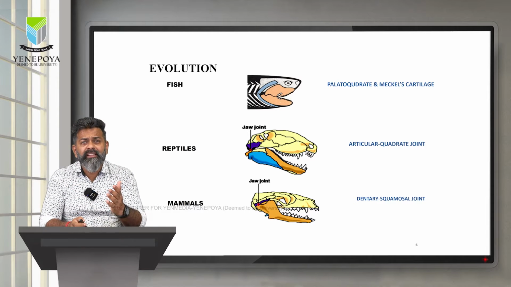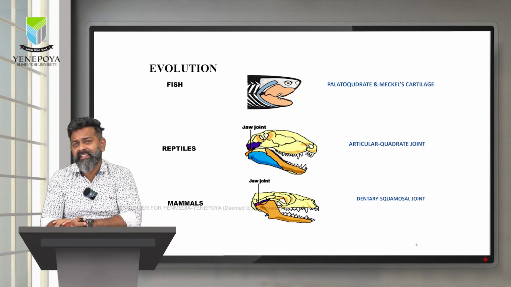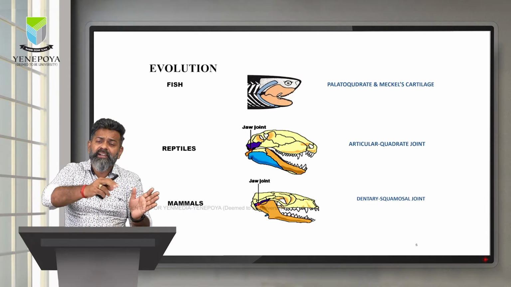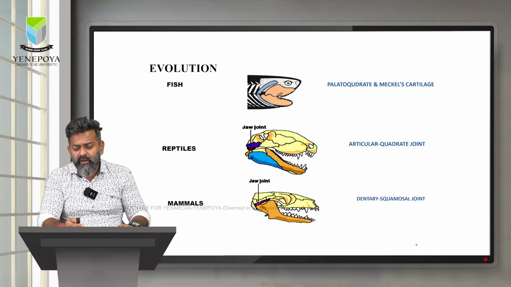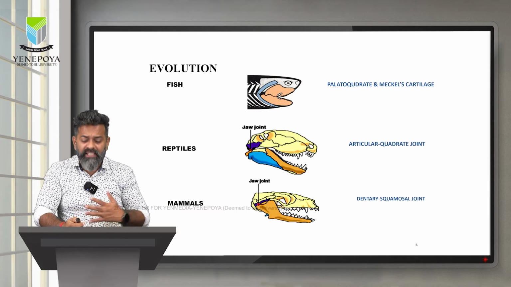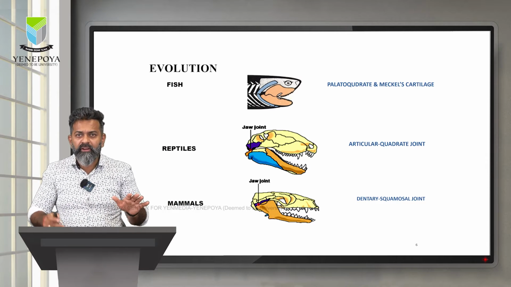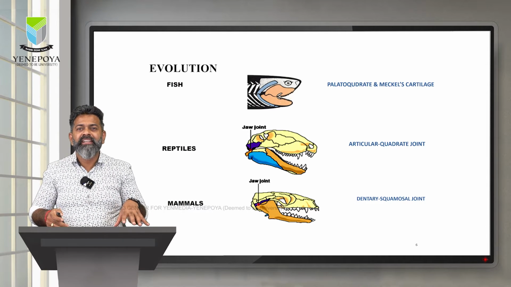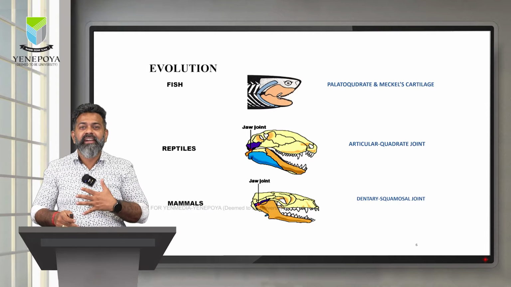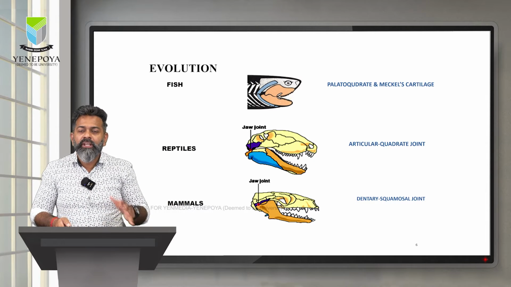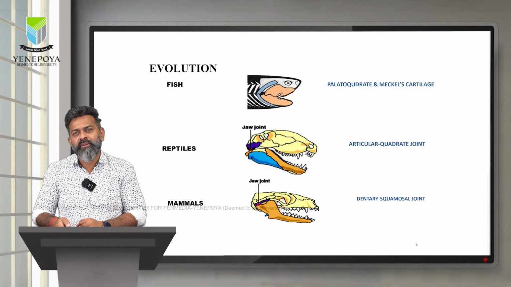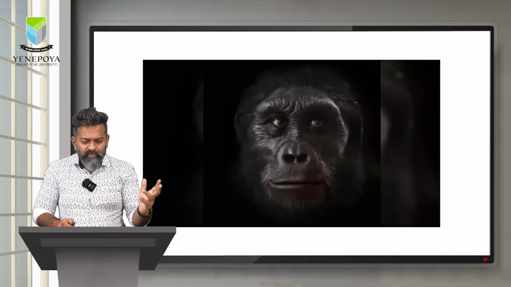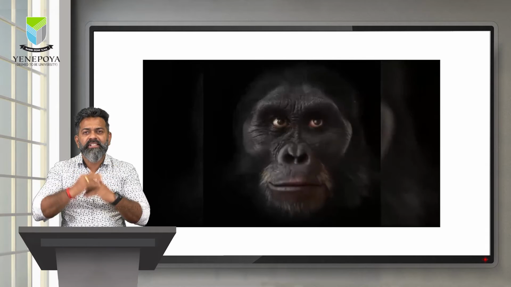These human beings, what we call apes, our initial predecessors, started evolving from quadrupeds to bipeds. When they started erecting and standing on the ground, remodeling took place even in the dentofacial structure. That was cranial base bending.